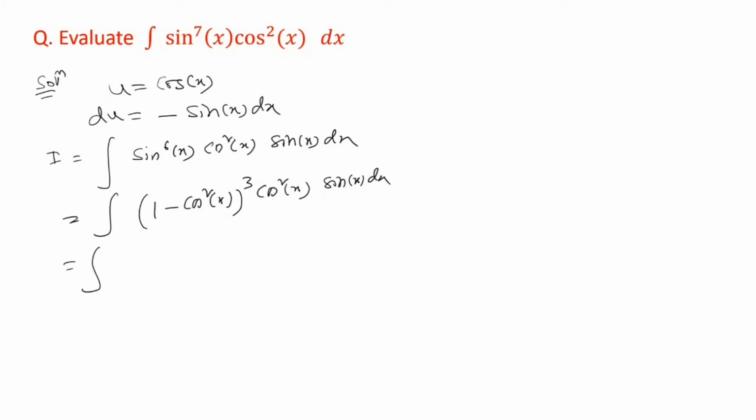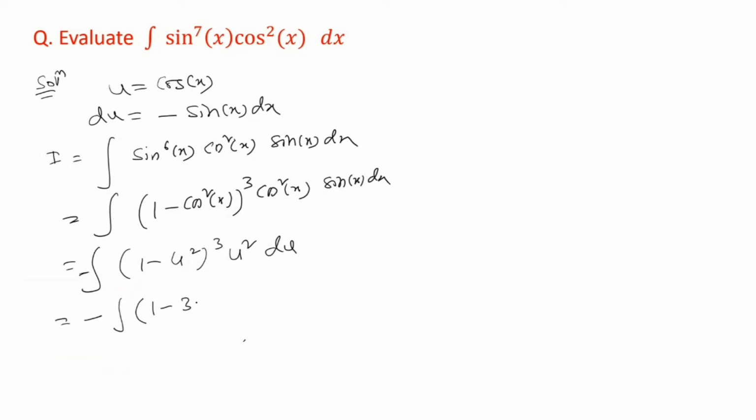This will lead to the integral of (1 minus u squared) to the power 3 times u squared du. This is minus the integral of (1 minus u squared) cubed.